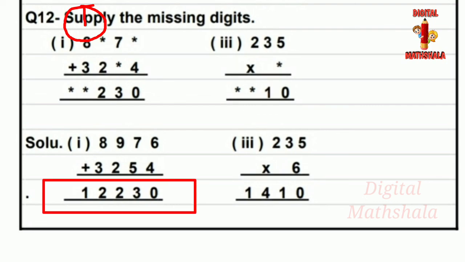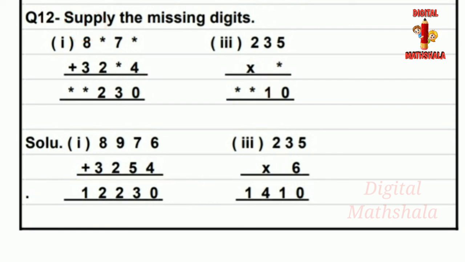Now we will move to the third part, that is 235 multiplied by a missing number. The answer, you can see, has 0 in the unit digit. So children, as you know, there are many numbers that give 0 in the unit place when multiplied by 5, like 0, 2, 4, 6, 8, 10.